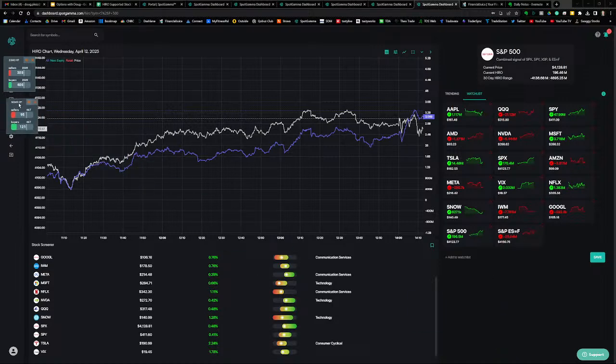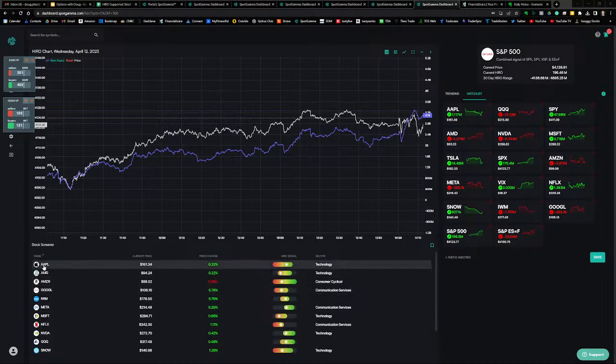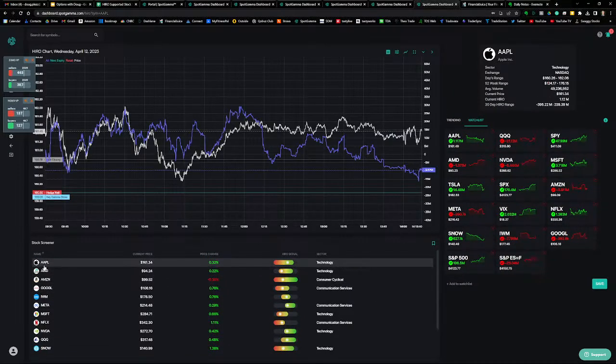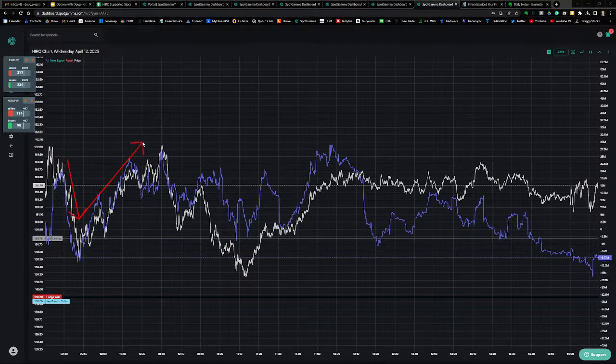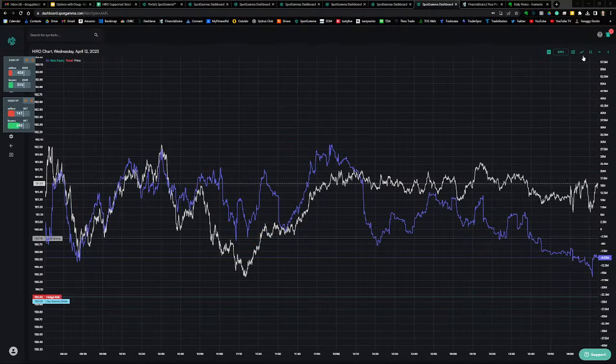So I do want to keep an eye on this though. All right, let's go to Apple. And there was confirmation with Hero. Confirmation short. Long, short. Pretty choppy day in Apple here. Long. Let's go take a look at Bookmap.